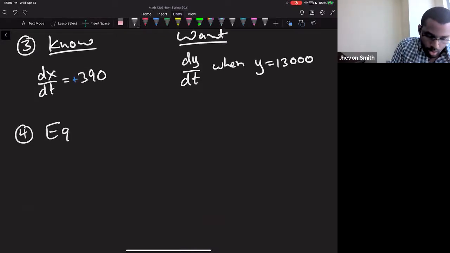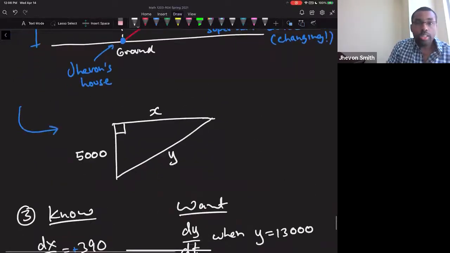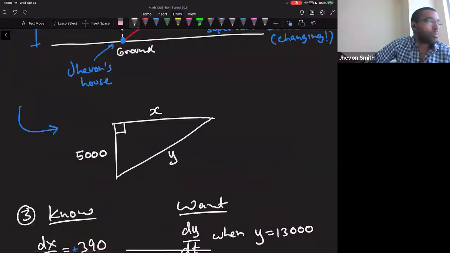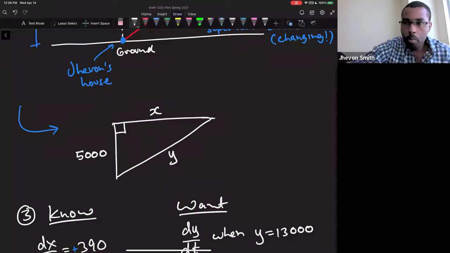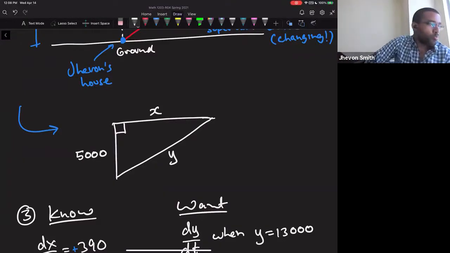Moving on to 4, we're going to set up an equation. What equation can we use here? Y squared equals x squared plus 5,000 squared.